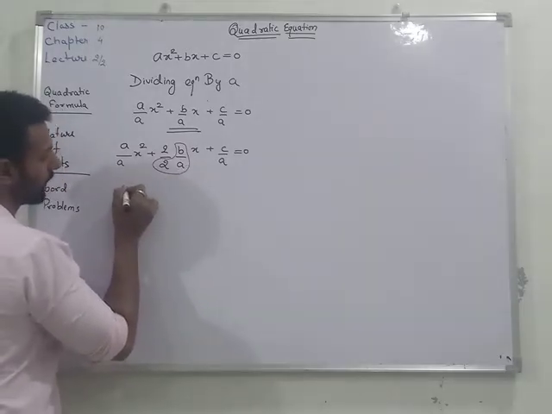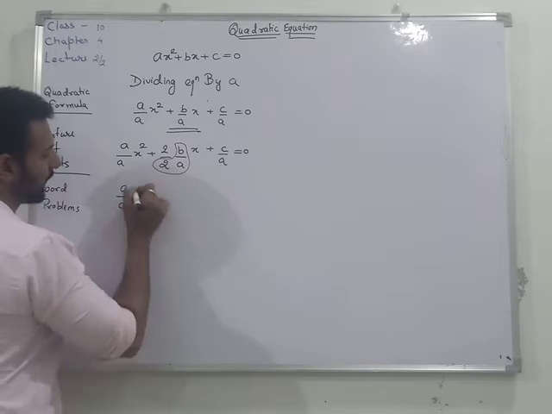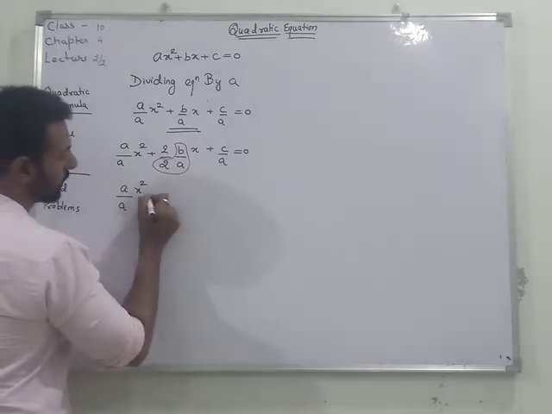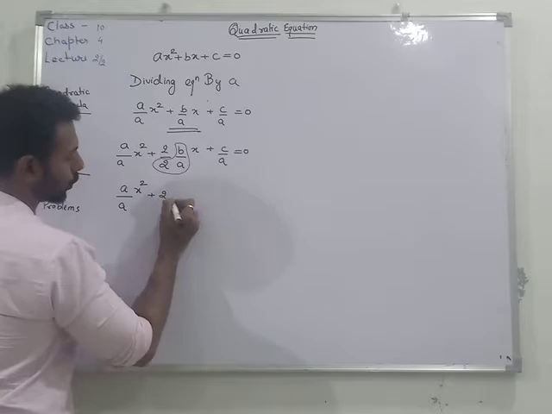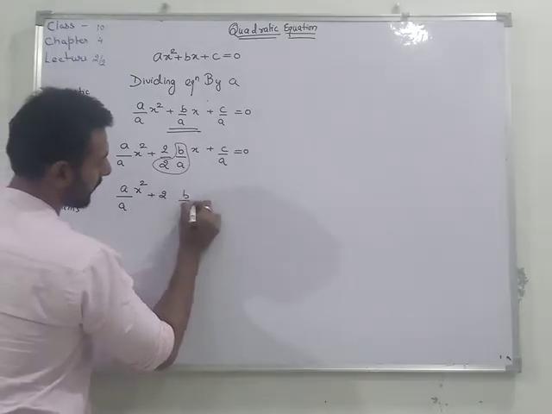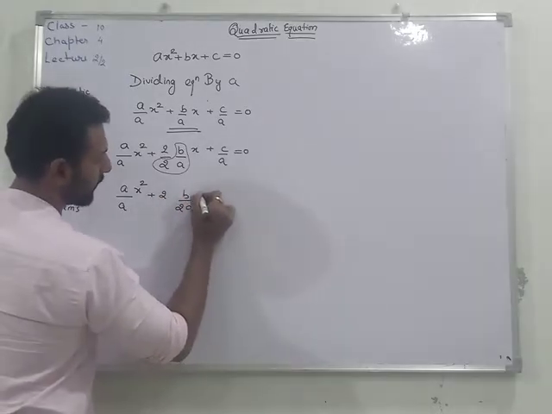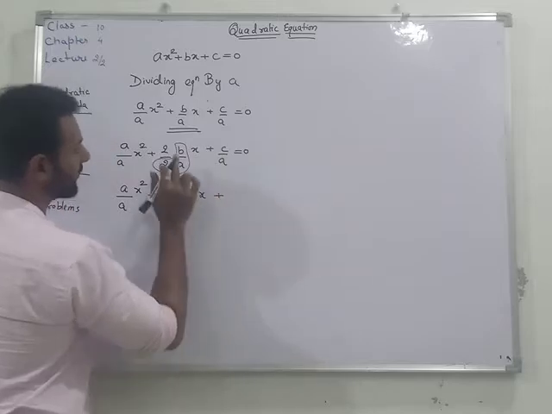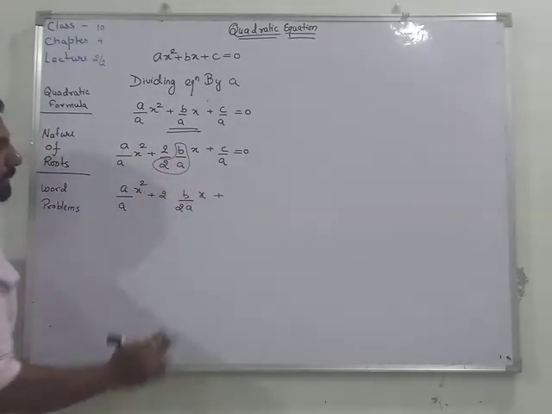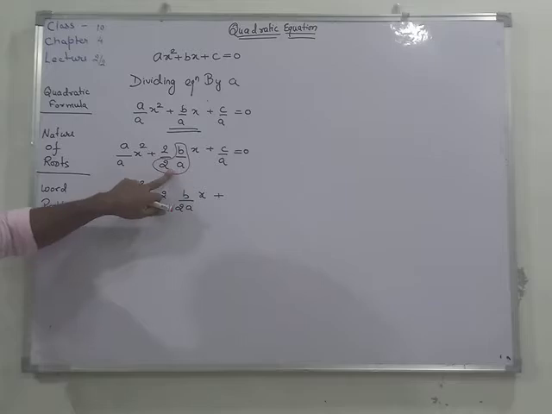So this will be a by a x square plus 2 b by twice of a x. I said that I will be adding and subtracting the square of this term.